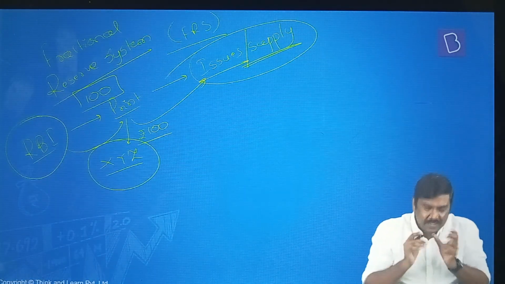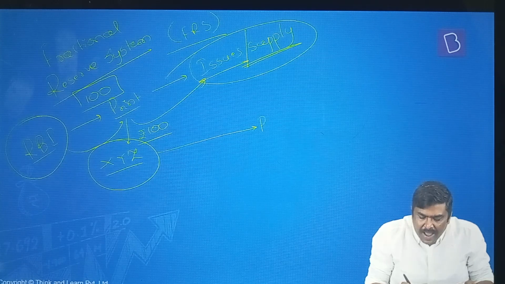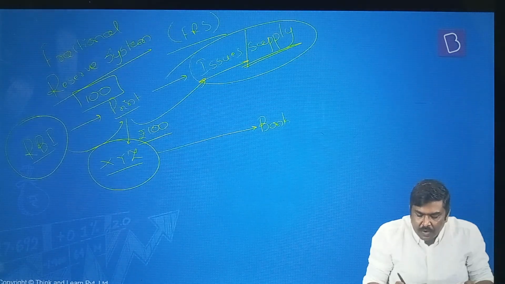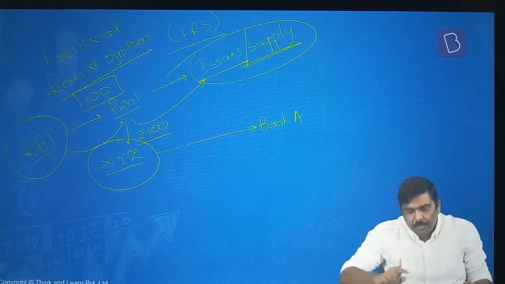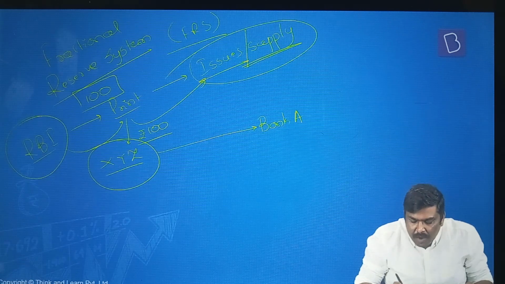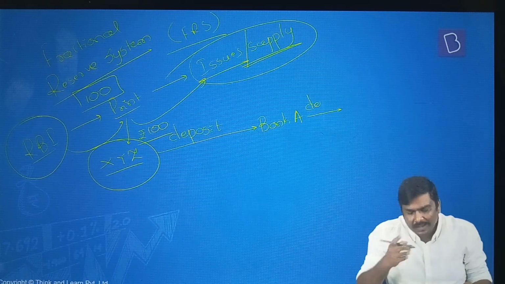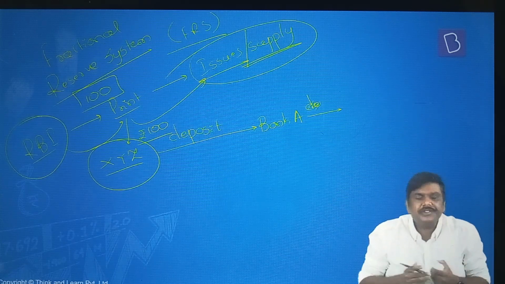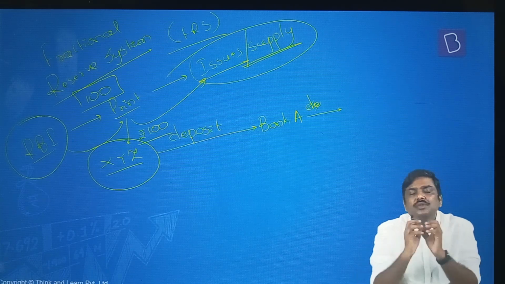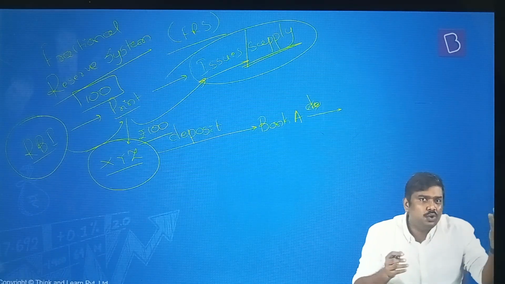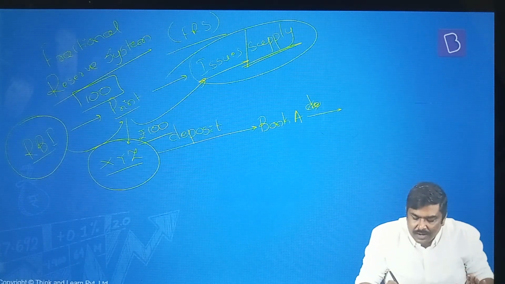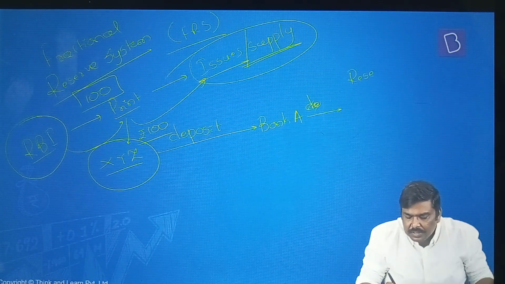Now, let's say this person XYZ will approach bank 1, or bank A, and deposit this 100 rupees in the bank. Now, please understand this. Bank A cannot use all the 100 rupees and issue loans in the market because there are reserve requirements.